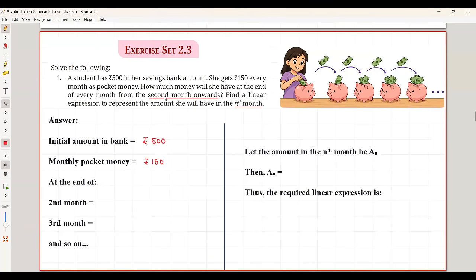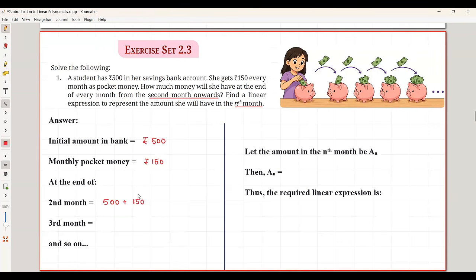Here they are asking from the second month onwards, so we will go with the second month. At the end of the second month she will have 500, which is a fixed amount, already initially in the bank, plus in the second month 150 into 2. For the first month we add only 150.